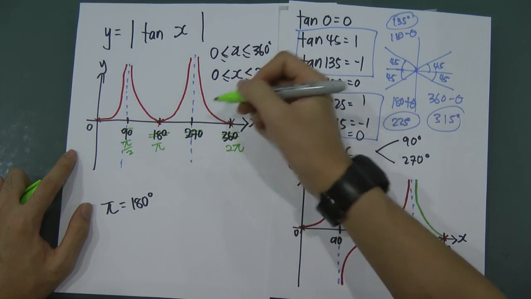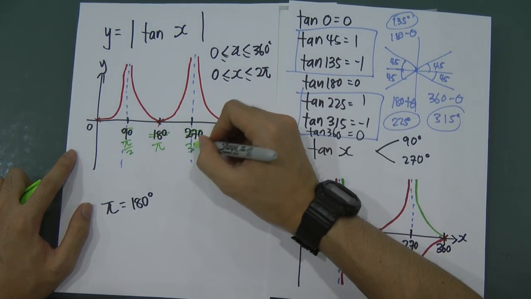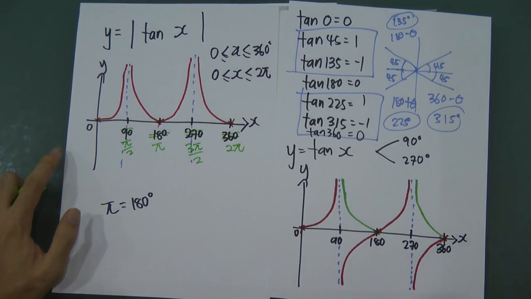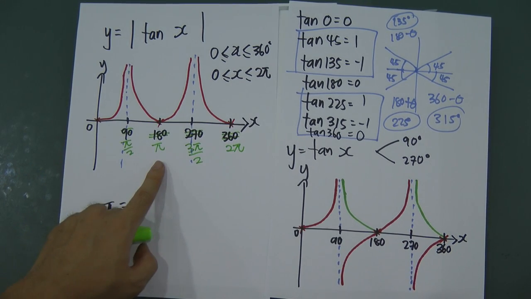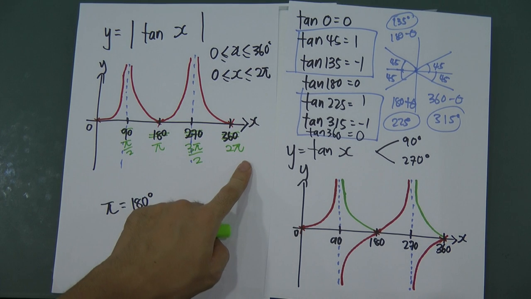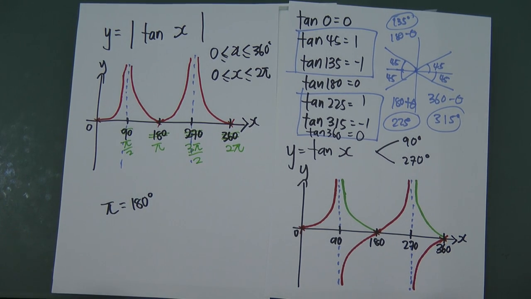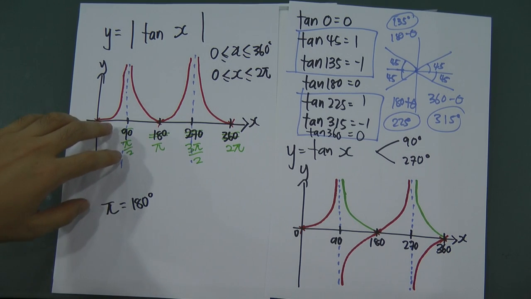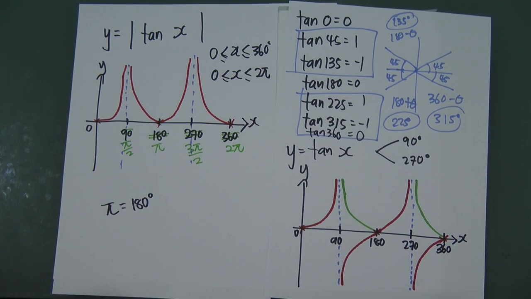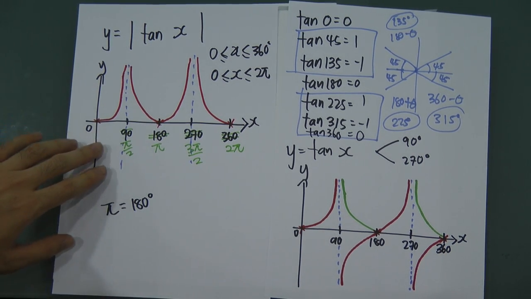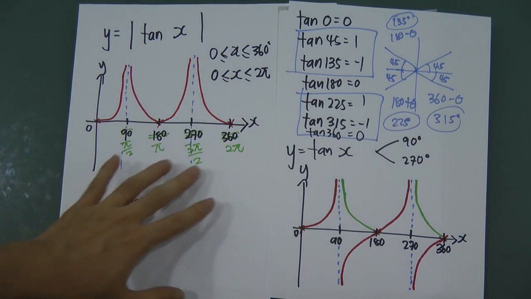So 270 actually is 3 pi over 2. Actually, you can see this is half pi, 1 pi, 1.5 pi, 2 pi. This is what MX students should understand, because sometimes MX, especially for trigonometry functions, loves to write the angle in radians. This is the difference between degree and radian.